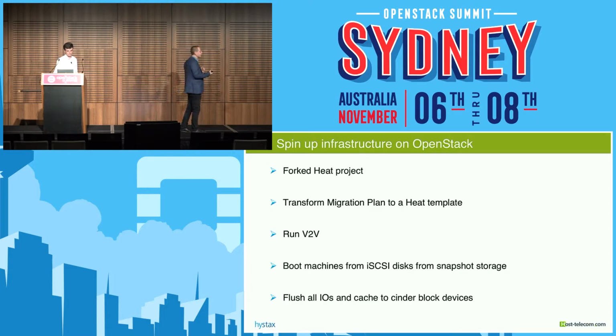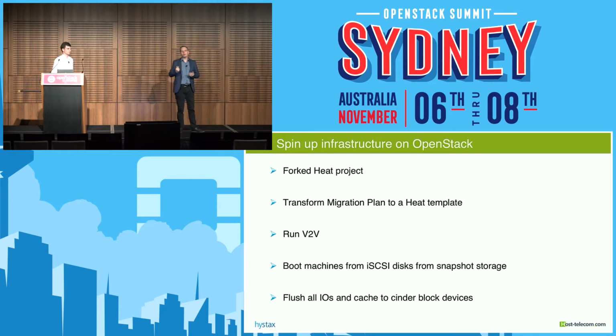We have dependencies between machines. There are machines with Active Directory, databases, SAPs, Exchange servers, and there are clients, so we need to be smart in how we boot machines. Boot Active Directory first, databases first, and only when this process is done, we can boot client machines and things like that.